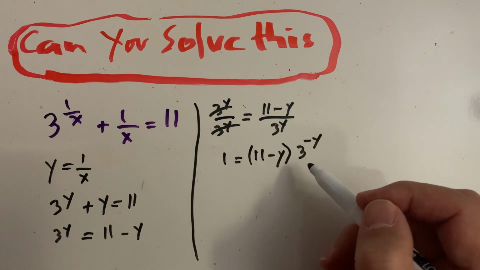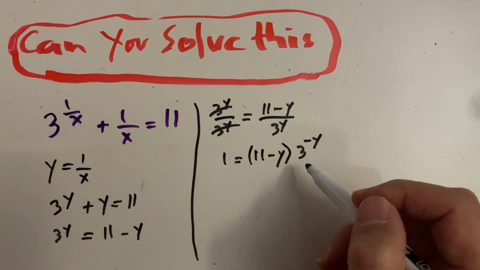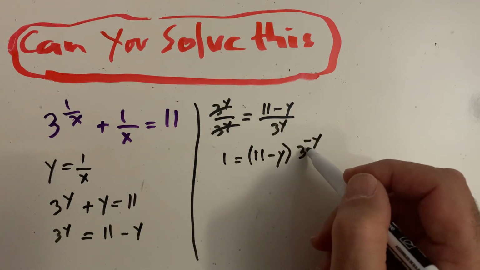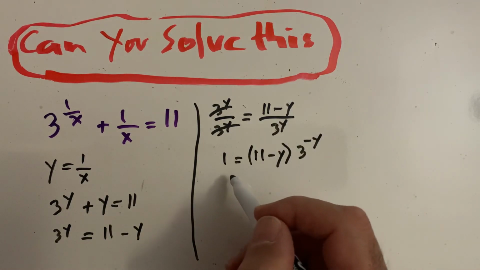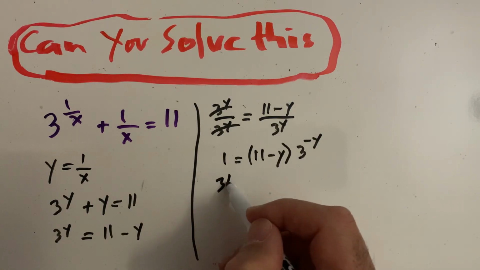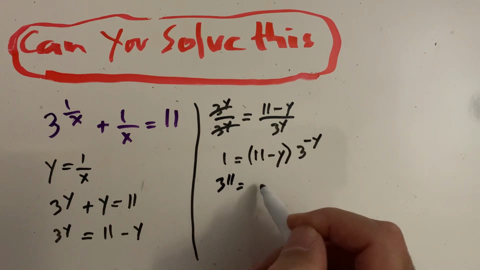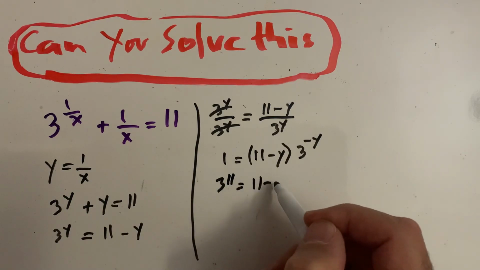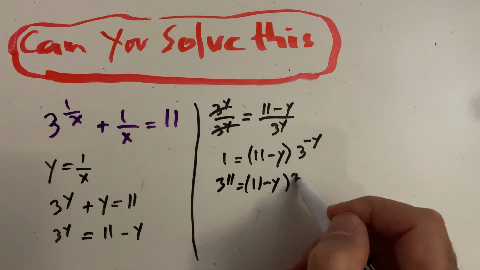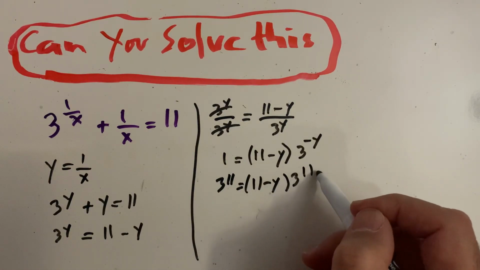Okay, so next we're going to try to get this term here in the numerator into the exponent of 3. So we multiply by 3 to the 11, and we get 3 to the 11 equals 11 minus y times 3 to the 11 minus y.